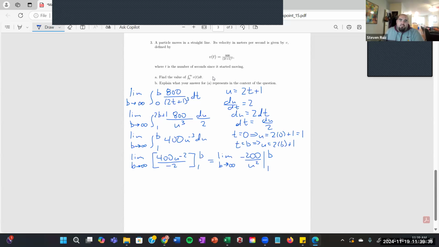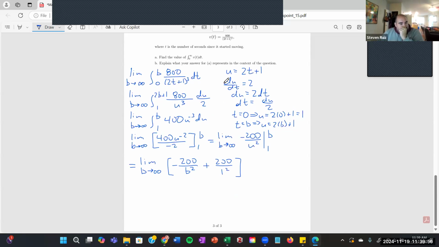So now let's plug in those limits. So the limit as b goes to infinity of what? Negative 200 over b squared minus negative 200 over 1 squared. So now we're in a place where we can think about what happens when b gets really large.